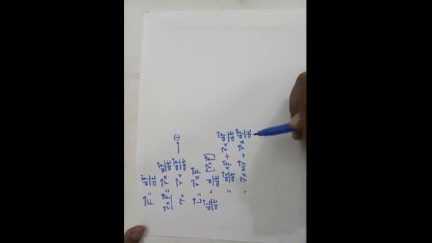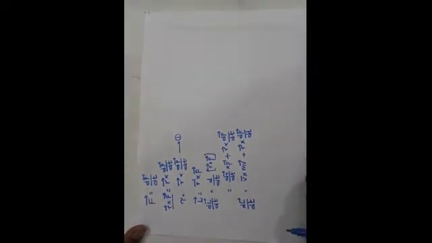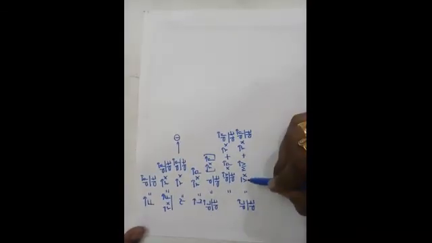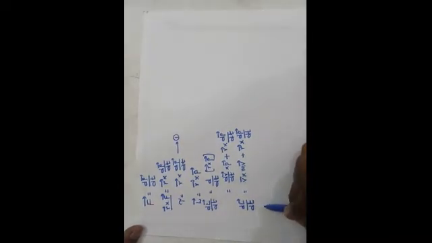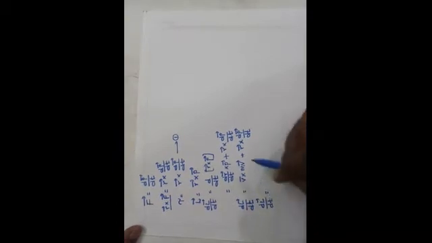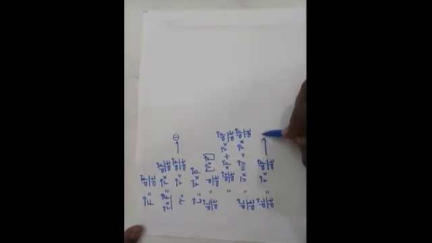Now v bar cross m v bar will be 0, since the cross product of two parallel vectors is 0. Then what we get finally is dL bar by dt equal to r bar cross dp bar by dt.